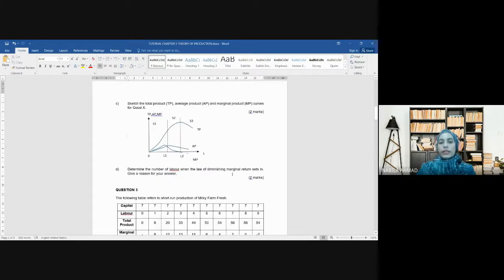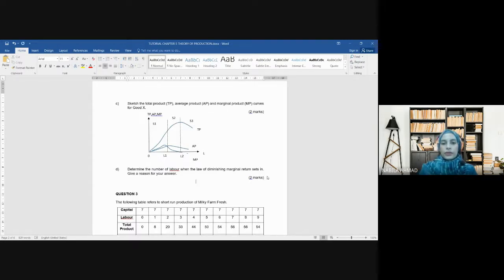So kita kata dia tanya the number of labor. So 5 labors lah. Okay, kenapa? Because the marginal product decreases, it starts to decline atau decrease, tak kisah mana-mana saja, ya.